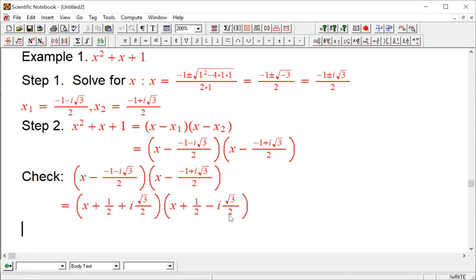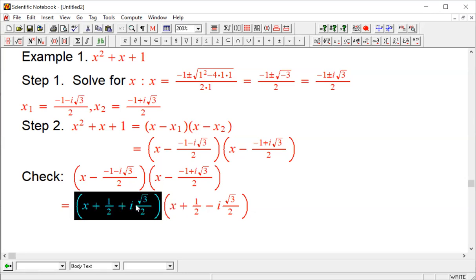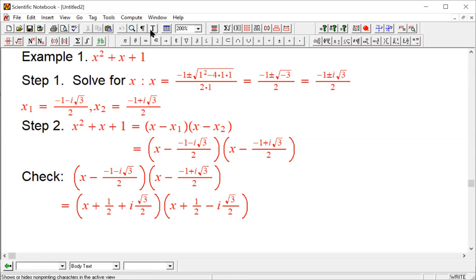If we view this as A, adding something and subtracting something, this reminds us of the special formula: A plus B times A minus B equals A squared minus B squared.